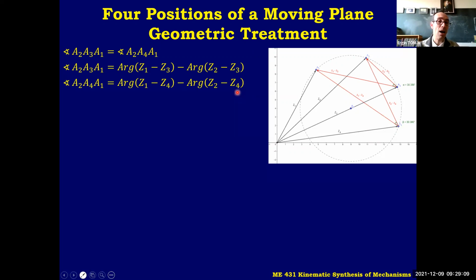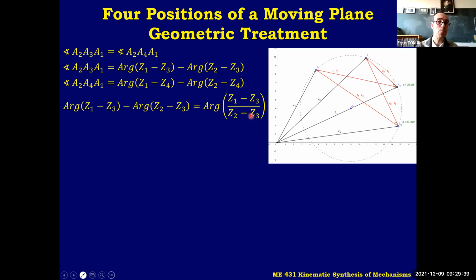Now I will try to write the difference of arguments of two angles using complex number algebra. If I can do that, then I can express this and that as I like. And as you see, this difference becomes actually argument of ratio of these two.